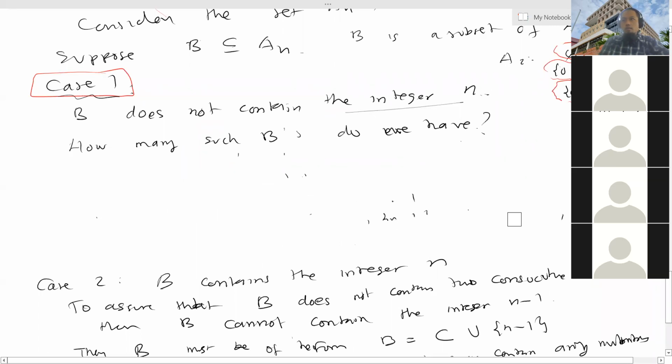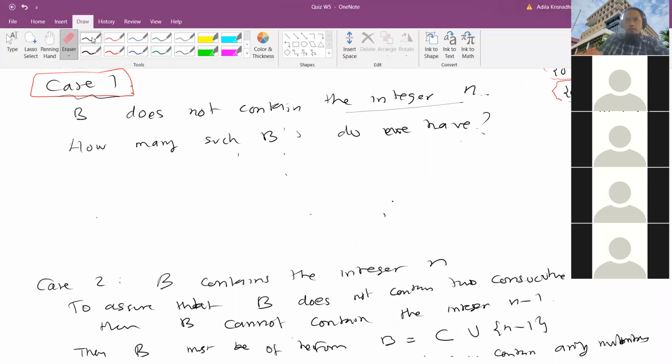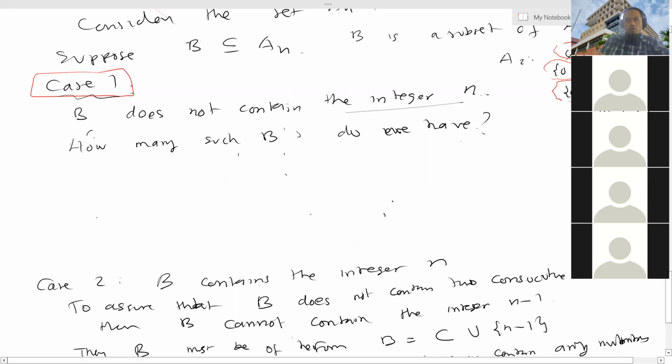Let's do it again. So how many such B do we have? B cannot contain the integer n. And also, B does not contain 2 consecutive integers. So that means how many such B's? Well, a_{n-1}, right?